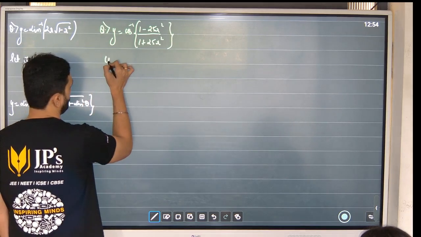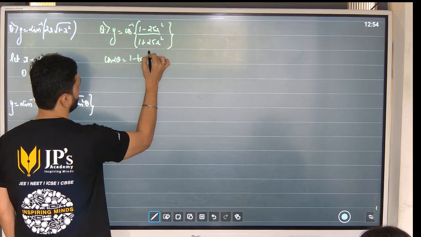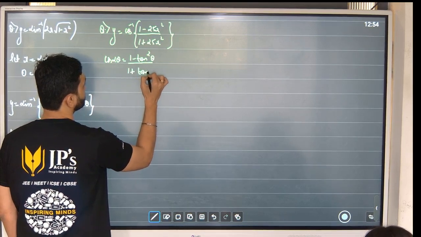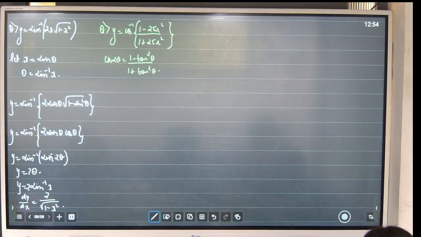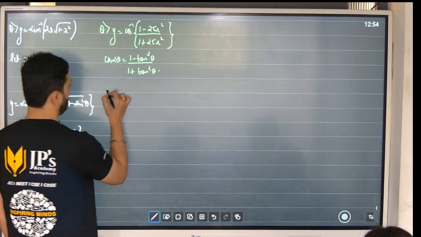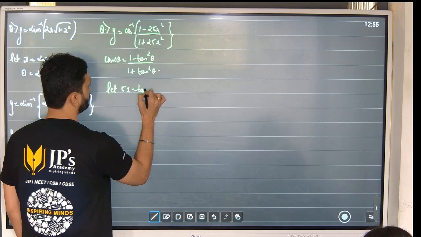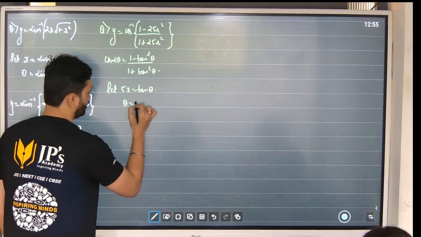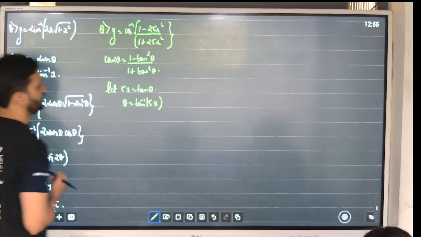I know the cos 2 theta formula is 1 minus tan square theta upon 1 plus tan square theta. Now do the comparison. Very good. I will take, let 5x is equal to tan theta. So guys, what will be theta? Tan inverse of 5x. Very good.